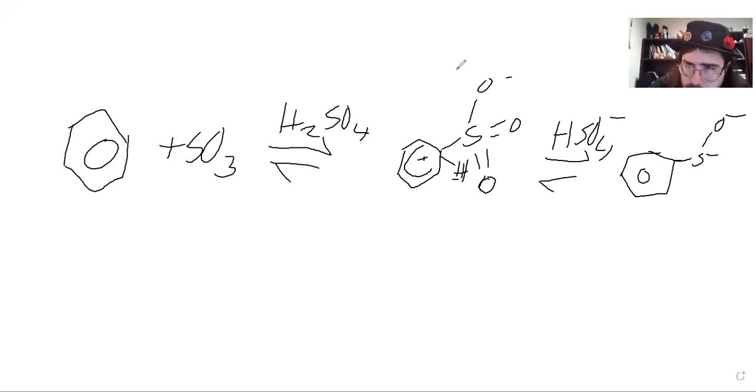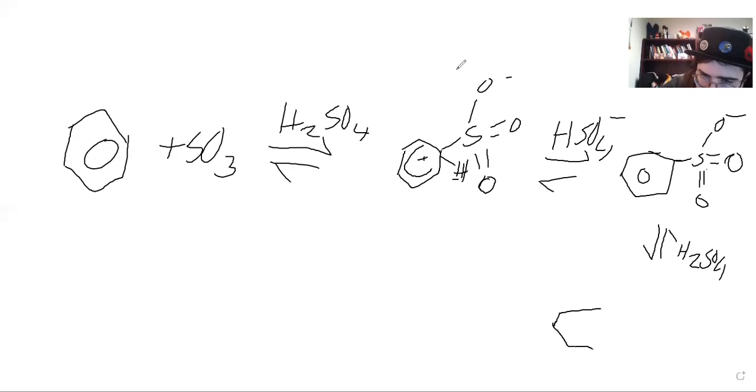And of course, the SO3 minus is acidic. So in the presence of H2SO4, which we do have, it's going to be protonated.